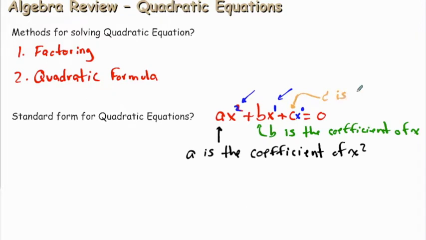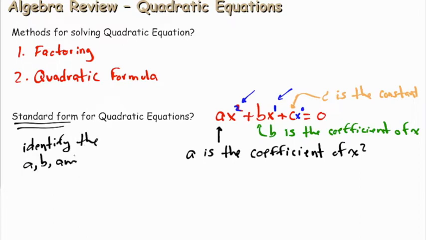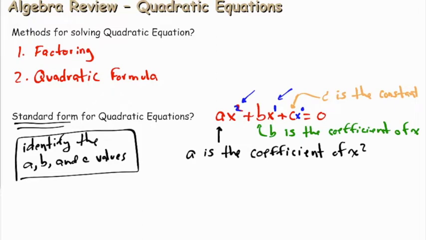And c is the constant. So our task is going to be to first arrange the equations in standard form, and from there, identify the a, b, and c values. This will become useful, especially when dealing with the quadratic formula.